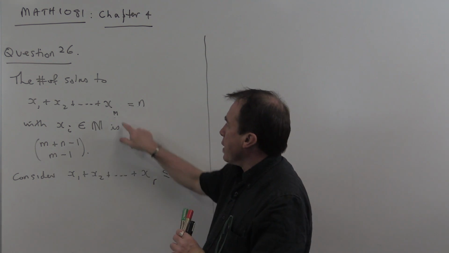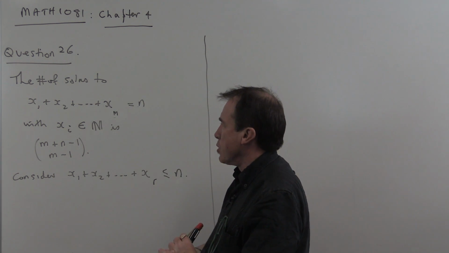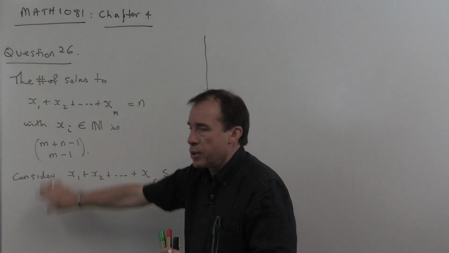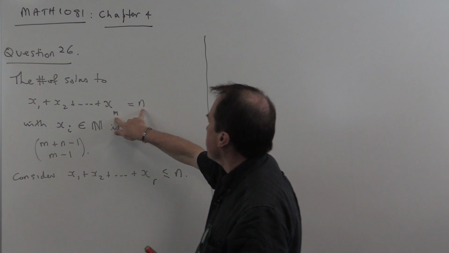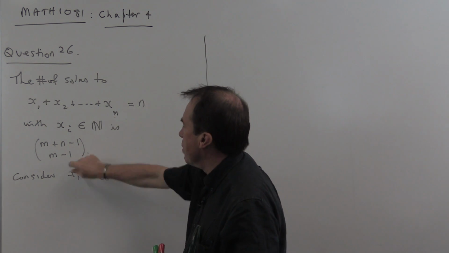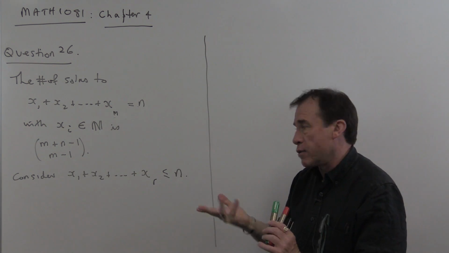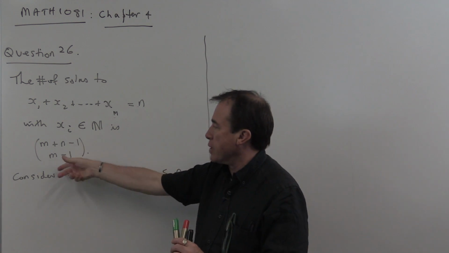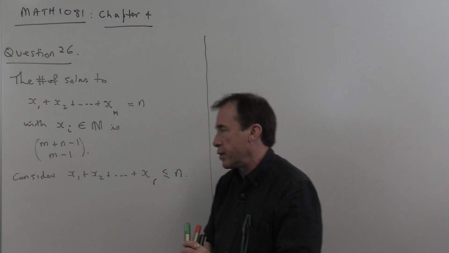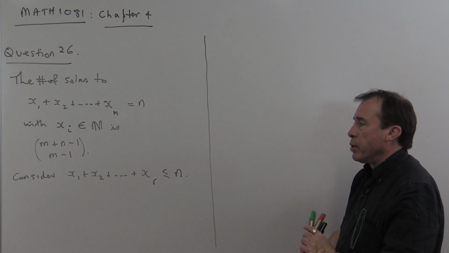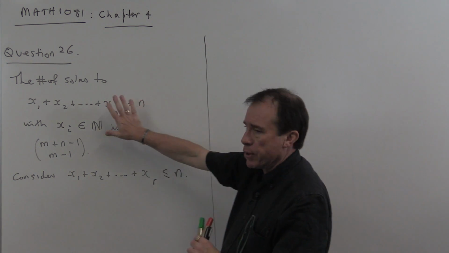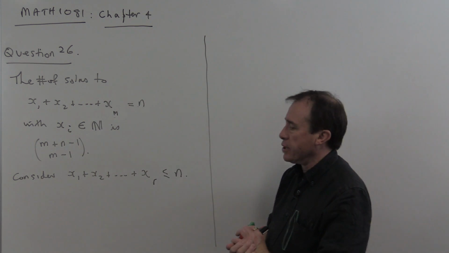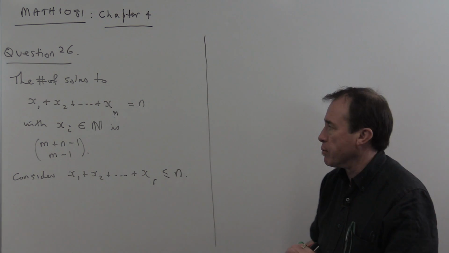Then if I fix m and n, the number of solutions of this is given by this binomial coefficient. I just remember it as m plus n minus 1, choose m minus 1. There are other ways of writing it. You can use some of the properties of the binomial coefficients to write this in a slightly different way, but that's how I like to write it. So that's an established fact that you will have seen in lectures and used in earlier problems.